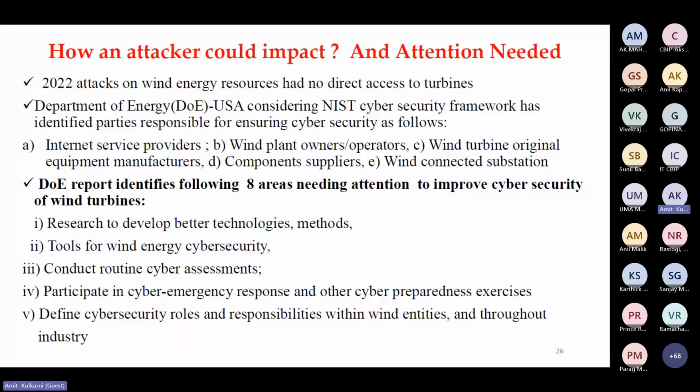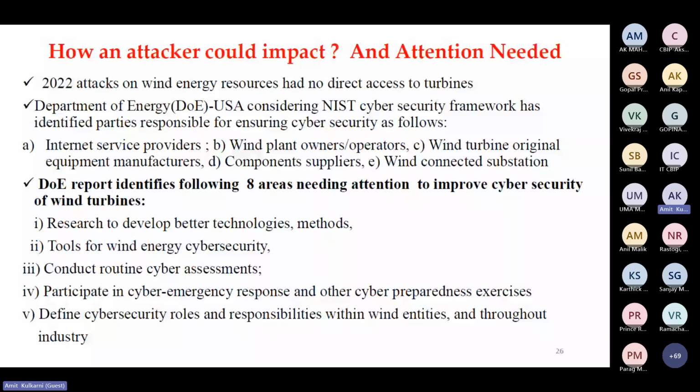Internet service providers should be focused, wind plant owners should take responsibility, so also wind turbine original equipment manufacturers, and component suppliers, those who are supplying components to the RE developers, RE sites, so also the substation to which these RE systems are connected. All of them should be careful to have systems in place to protect from such attacks.